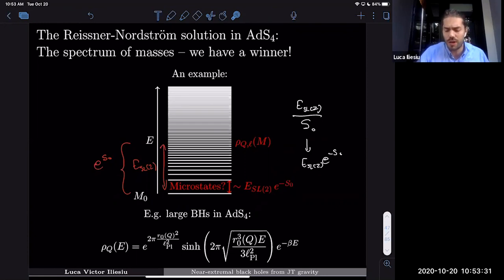But even if I don't trust that, and I only believe that maybe there's a gap at the scale E_SL2 over S0, then the ground state degeneracy is so much lower than the naive Bekenstein-Hawking estimate.